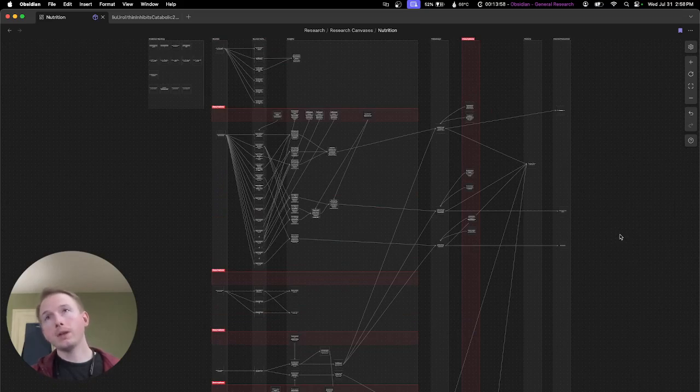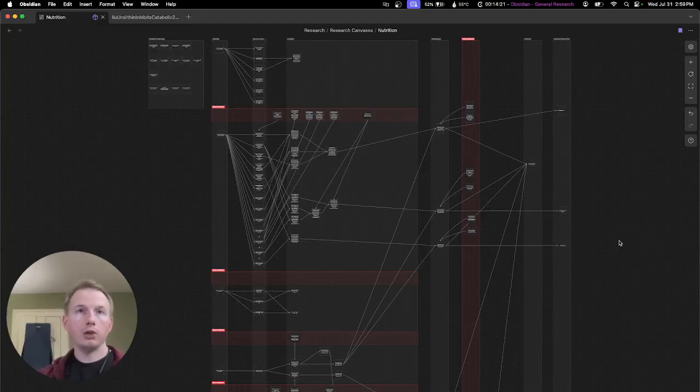So what I found out is that with Metadata Menu, it is fairly easy to use multiple canvases and still trace back through the links to find similar items, meaning that I could create insights and takeaways, put them in different canvases, and have arrows linking to them, and still the code that I come up with to trace back through those links would still be able to find insights and original studies across canvases.